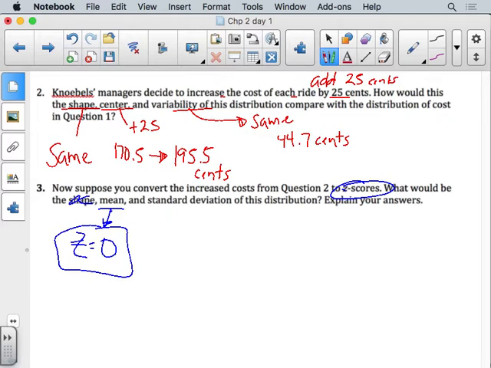And what would the standard deviation in z-scores be?